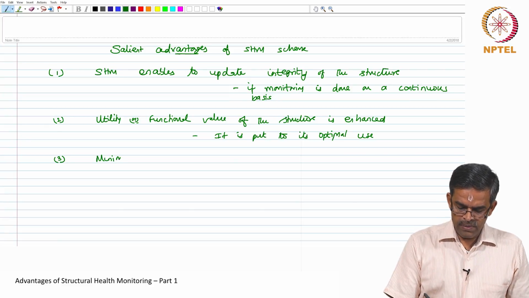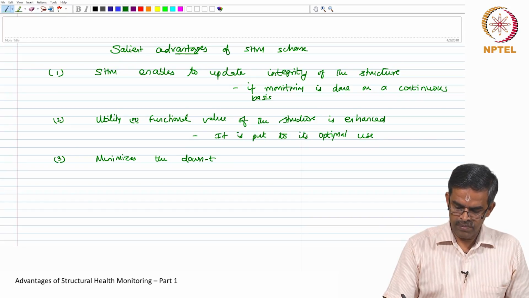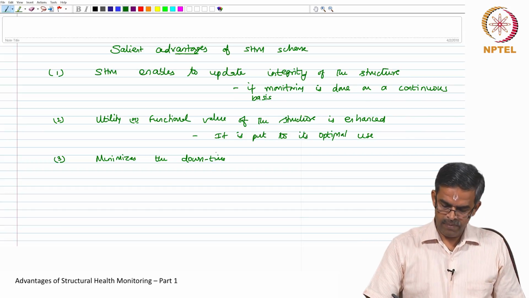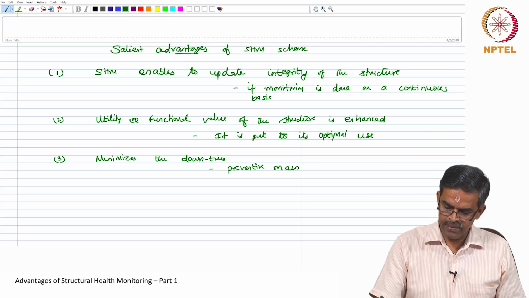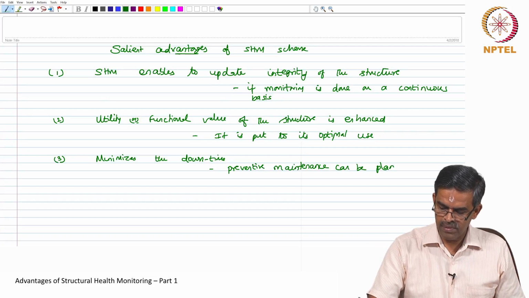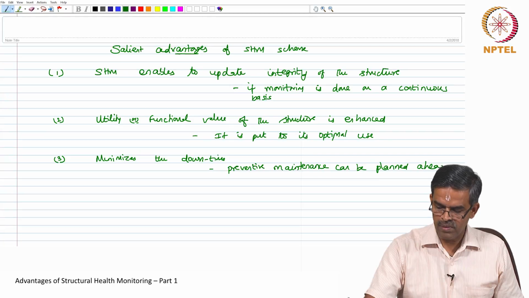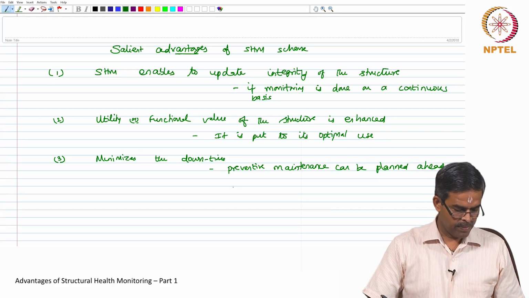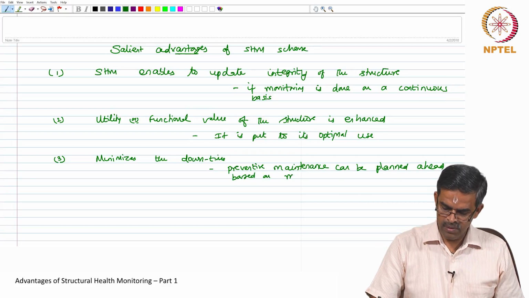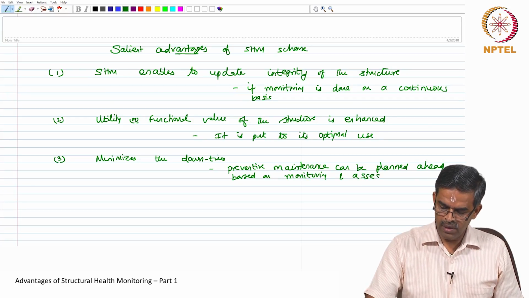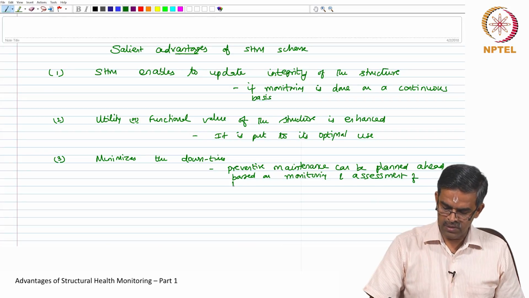It minimizes the downtime. On the other hand, preventive maintenance can be pre-planned based on the monitoring and assessment of the structure.